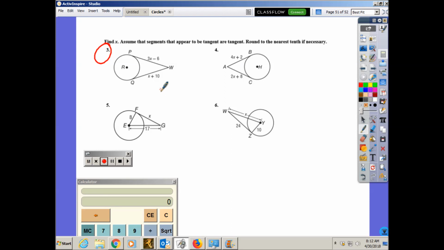So you should have gotten that since these are tangent, because they tell you assume that they're tangent, the distance from W to P, which is represented by 3x, is the same as the distance represented from W to Q, which is x plus 10. So solving, 3x minus x is 2x, 16, x equals 8, and for number 3 you should have put 8 as the answer.